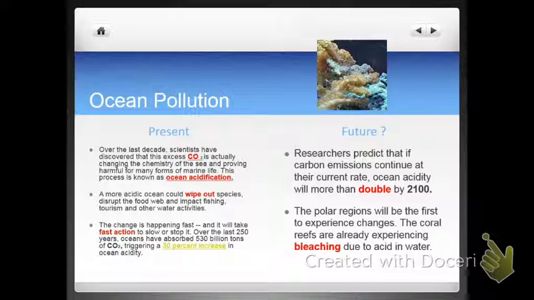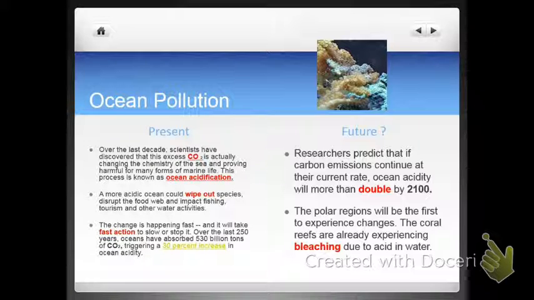Another major issue in our oceans is the warming of the oceans due to excess CO2. The ocean is the greatest reserve of carbon dioxide anyway, and with excess CO2 in the atmosphere, it is changing the chemistry of the seawater. It's causing something called ocean acidification.